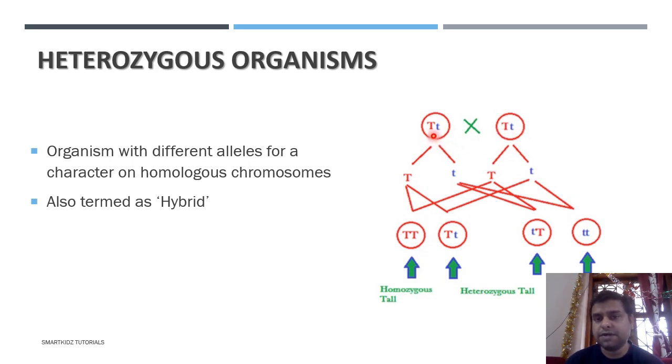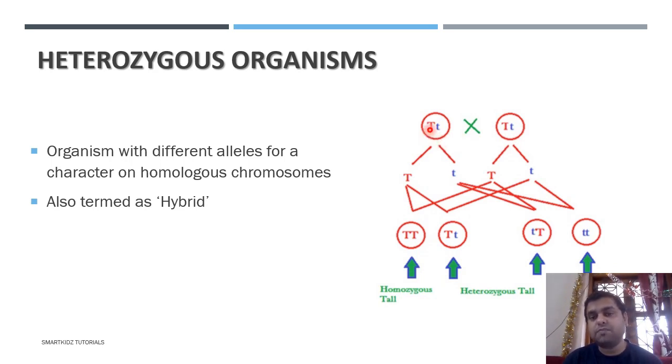However, over here, we see one organism having capital T, small t, and the other capital T, small t. The phenotype that we discussed, that is the way the plant looks, both these plants will be tall, but at the cellular level or at the gene level, we see there is a difference.